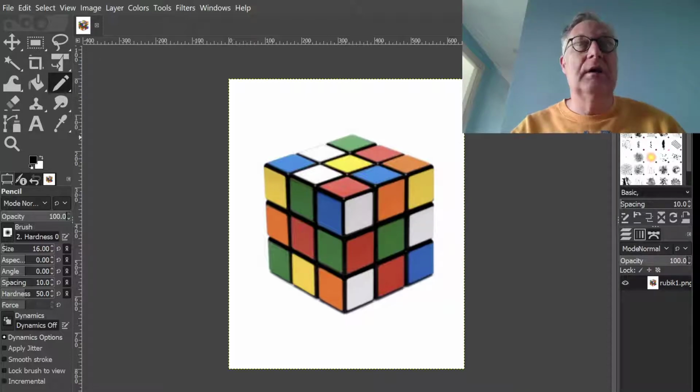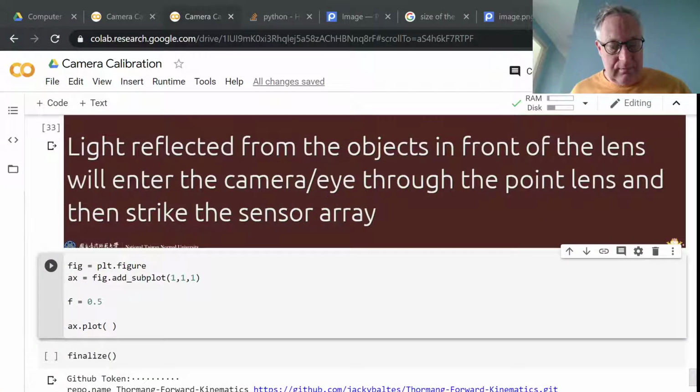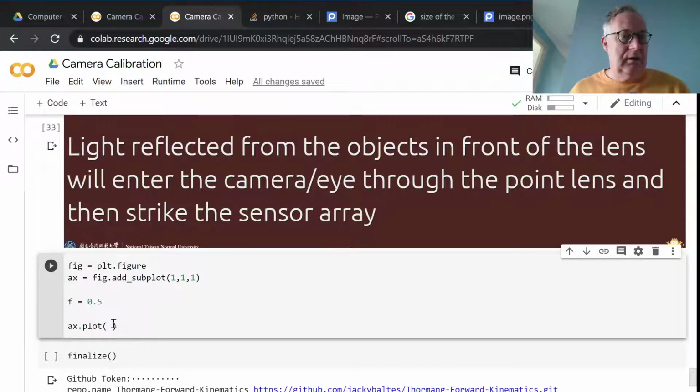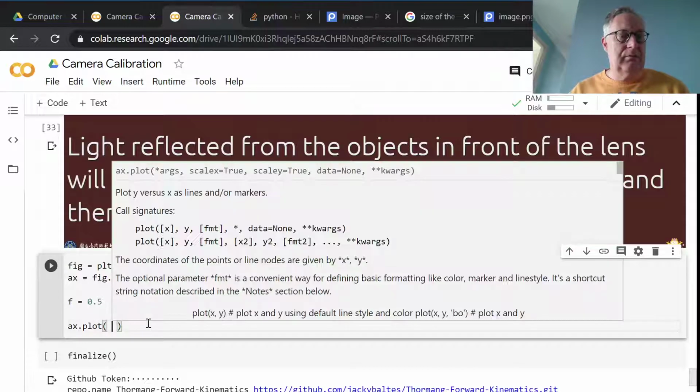Now the camera, I'll make it point from the left edge of the screen to the right edge. And I'll have the sensor centered on the y-axis.